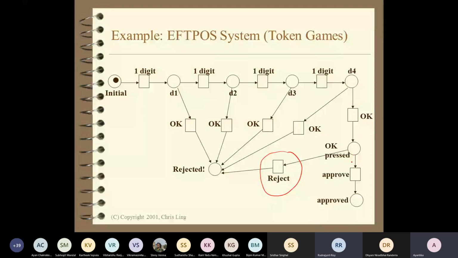You're correct, this should not be there, because if it is OK, it should go in this direction.